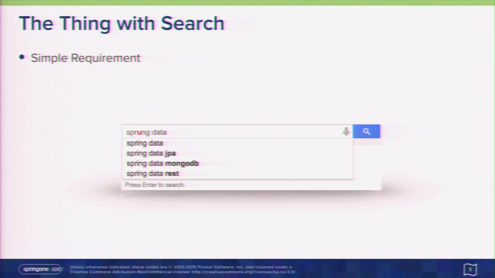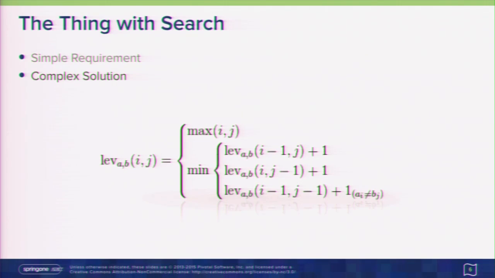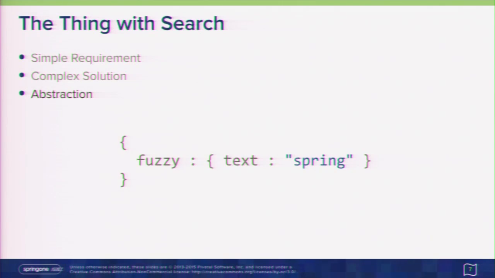I'm sorry. A pretty simple requirement can turn into a really complex solution. So this is basically the algorithm for the Levenshtein distance that is used to calculate the distance between words based on the distance of each character to the other. Thank God there are much smarter people than me who provided us with some kind of abstraction.